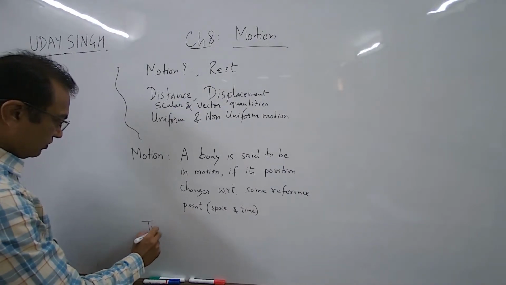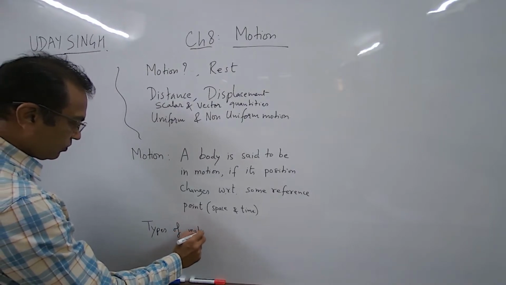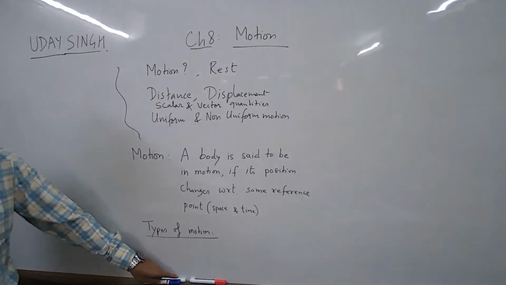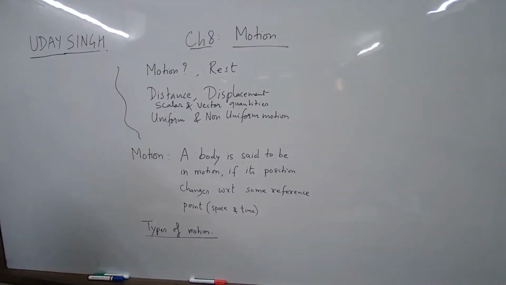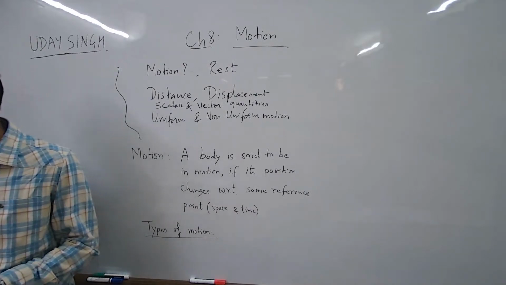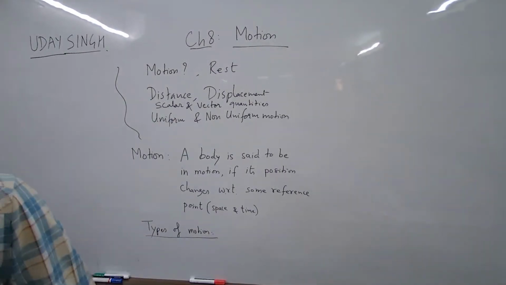Let's understand what are the different types of motion. This body can move in how many different ways? That is a type of motion.